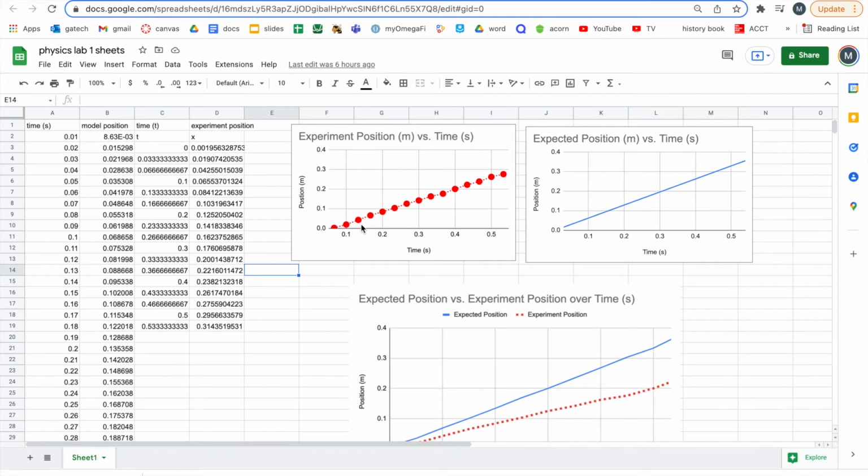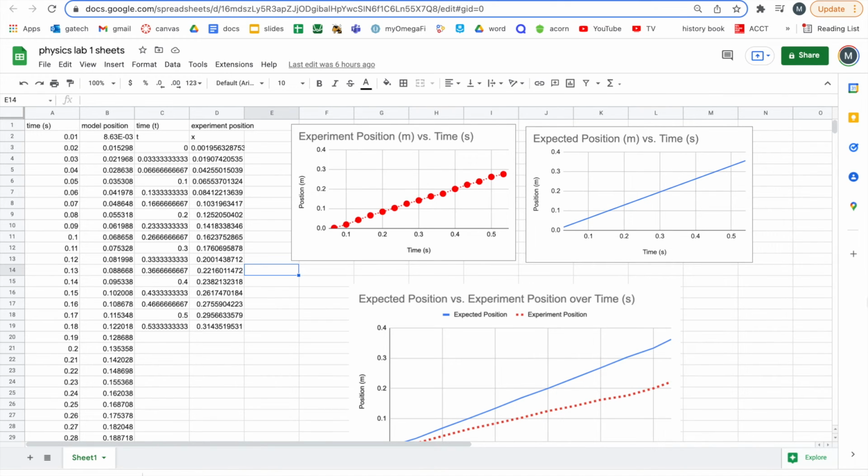As you can see, it has a linear trend, but isn't exactly a straight line through the data points, and that is because it is an experiment, so it can't be perfect. It could have moved slower or not in a straight line. Looking at the expected position versus time, it is linear and is a perfect line, and that is important to note.